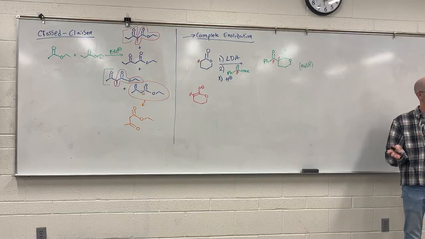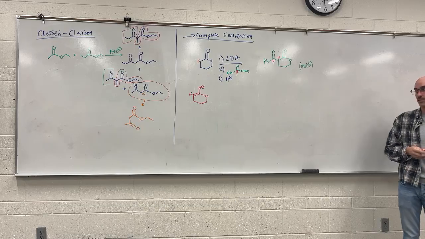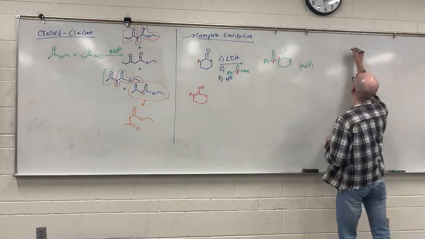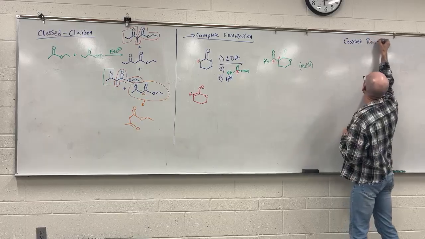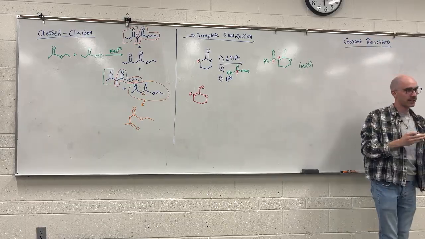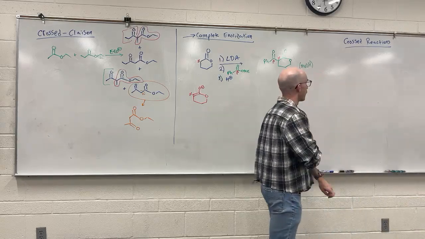I don't want to call it Claisen because that should mean esters. So these are just going to be called crossed reactions. Now, rather than introducing crossed reactions to you, I want to do this in the context of retrosynthesis.